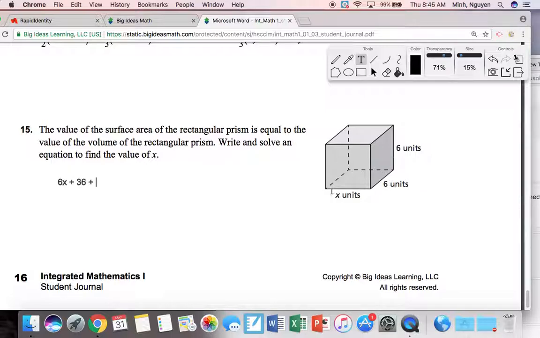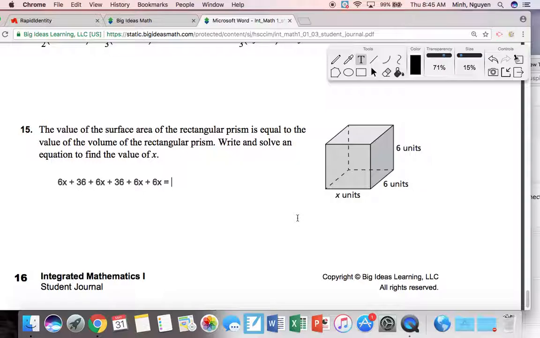Plus the back face is another 6x. The left face is 36 again. The top face is, if this is x units, this is also x units, and this is 6 units. So the top and the bottom face are both 6x and 6x.